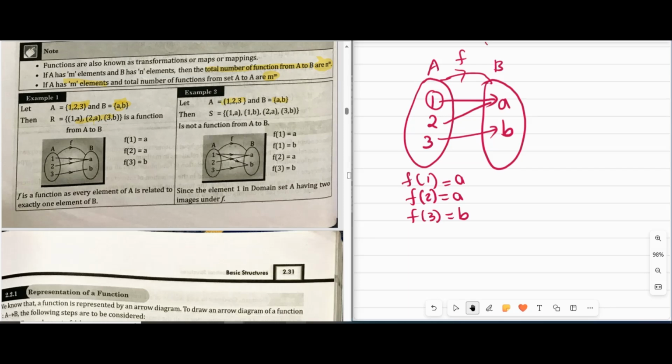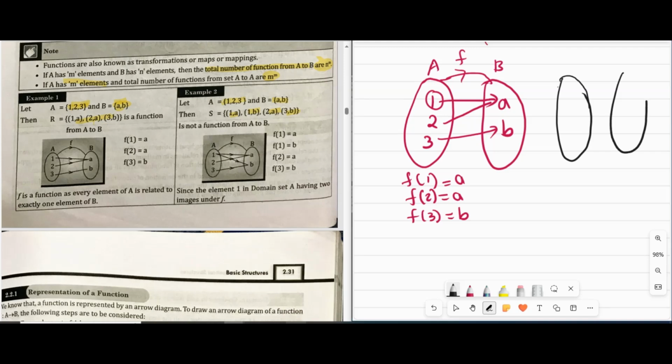If A is {1, 2, 3} and B is {a, b}, and the relation is {(1, a), (1, b), (2, a), (3, b)}. So we will take the other one as 1, 2, and 3, and here it is a, b.